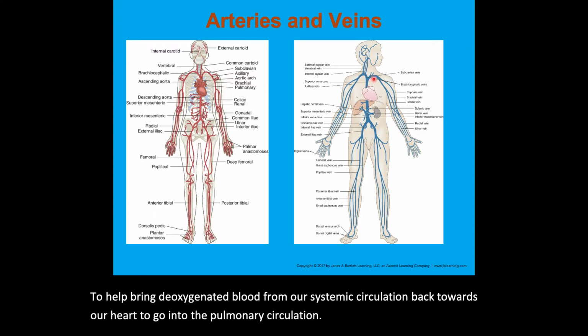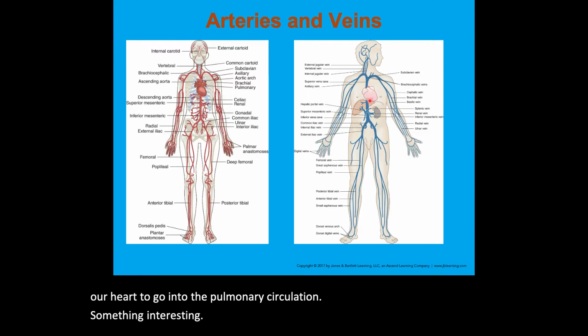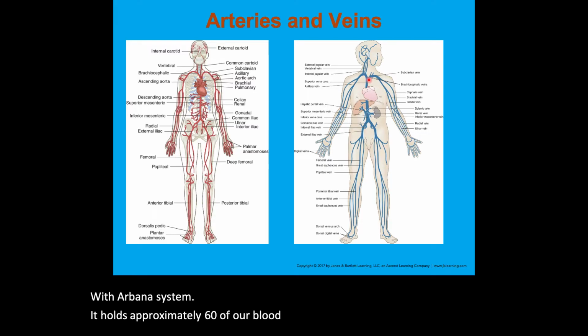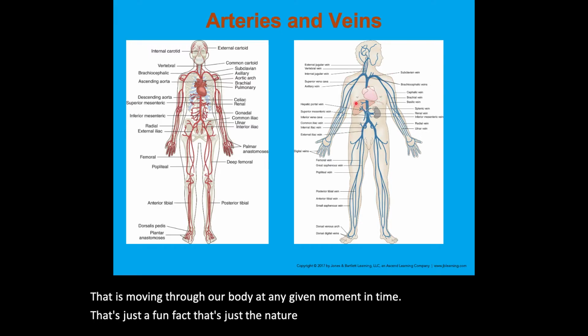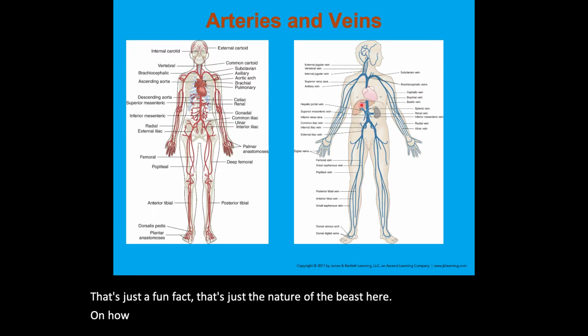Something interesting with our venous system, it holds approximately 60% of our blood volume that is moving through our body at any given moment in time. And that's just a fun fact. That's just the nature of the beast here on how our cardiovascular system maintains its blood volume.